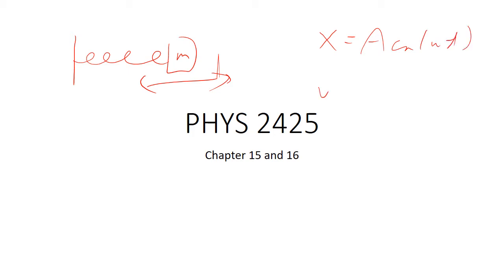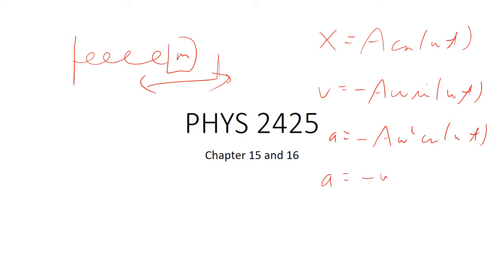We know the v is minus A omega sine omega t, and we know that a is minus A omega squared cosine omega t, and we know that's equal to minus omega squared times x. And so you look at that and say, now wait a minute, what's omega?